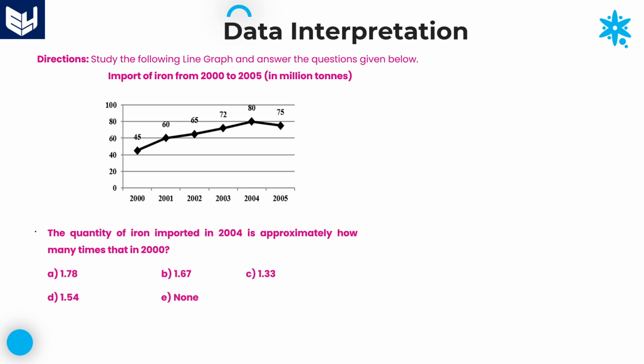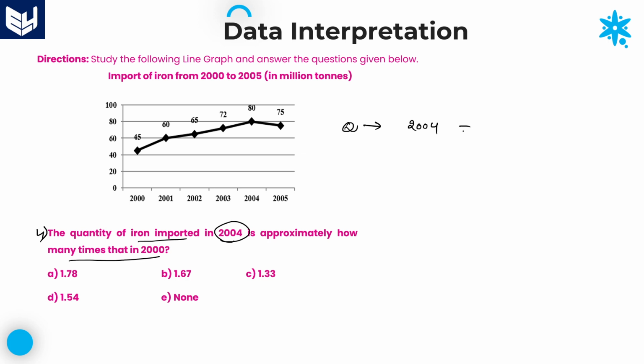Let us look at the fourth question. The quantity of iron imported in 2004 is approximately how many times that of 2000? Here we are talking about only the quantity of iron imported.